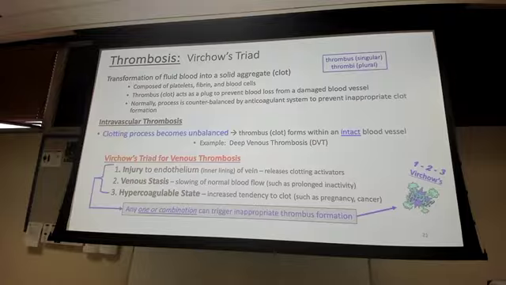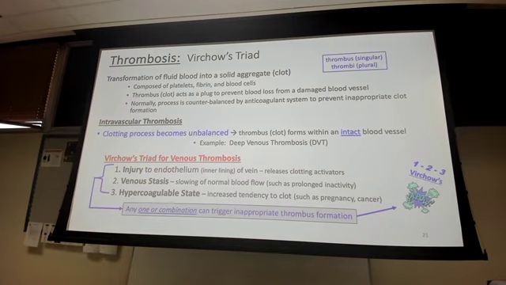If you have injury to the endothelium, the inner lining of our blood vessel, that endothelium actually has clotting factor 3. If it becomes damaged, it's going to start pushing that out, and it's going to kick off the coagulation cascade and start causing these blood clots. Now, you can have damage to the endothelium without actually puncturing it, right?